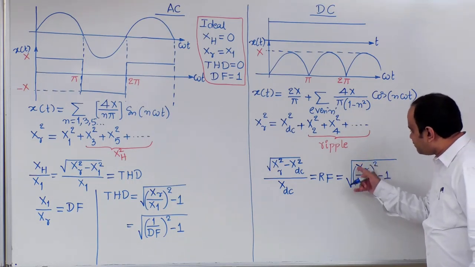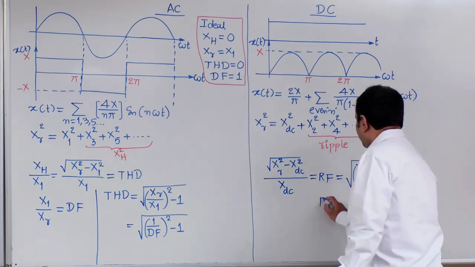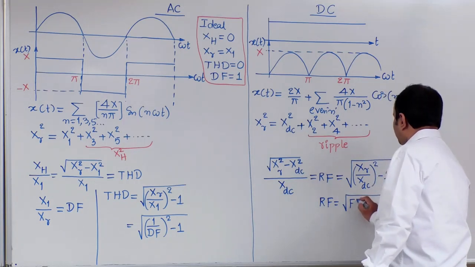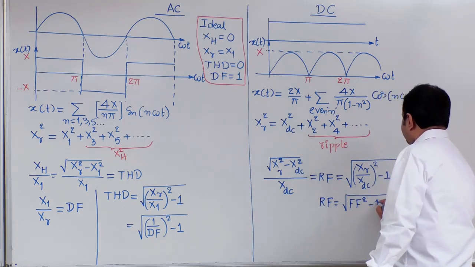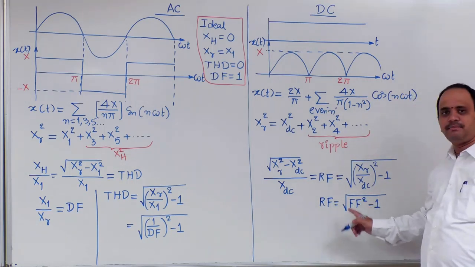Now what is RMS value to average value ratio is called, that is form factor. Therefore ripple factor we can also express it as under root form factor square minus 1.